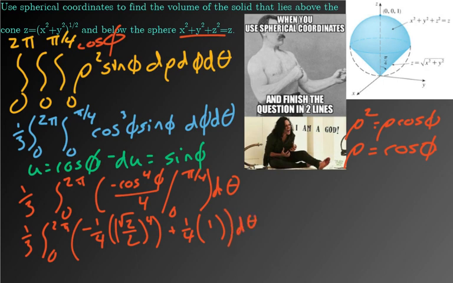Since that's all constant, when we do the integral of the theta part, we just multiply by 2 pi, so then we get 2 pi over 3 times that big mess in there. So I'm going to be really lazy, and I'm going to call that squiggle.